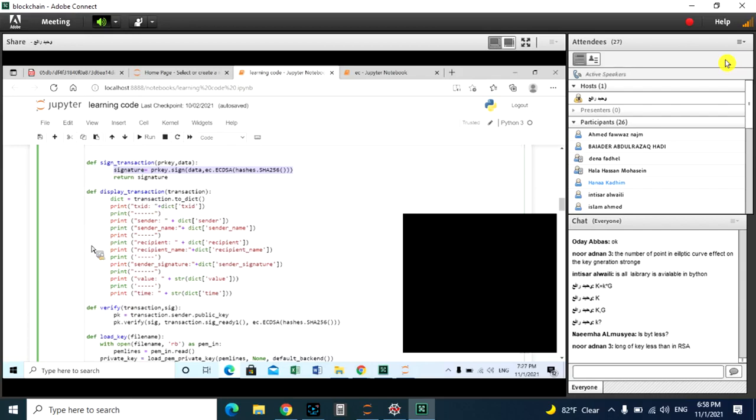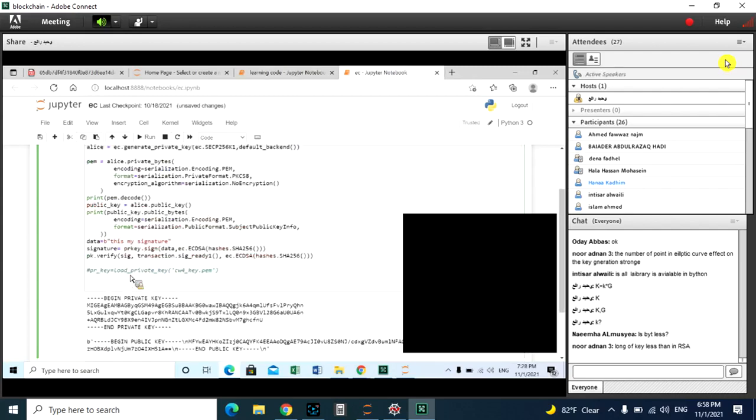Now, suppose that I want to sign a message. It must be bytes. So Alice's private key is, as you can see here, used by Alice to sign the data with this parameter, and it creates a signature.